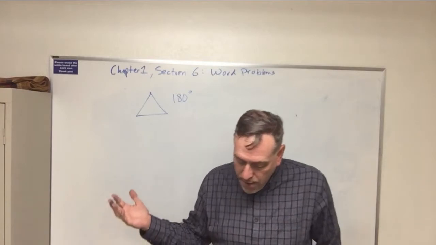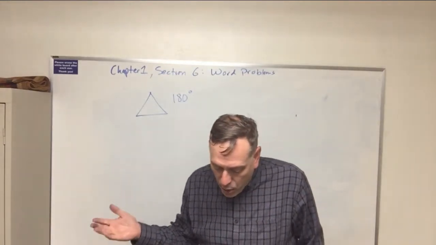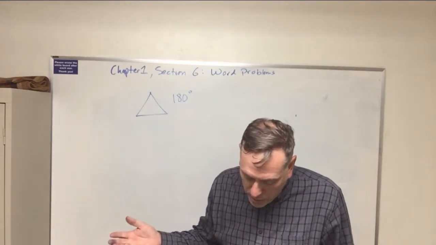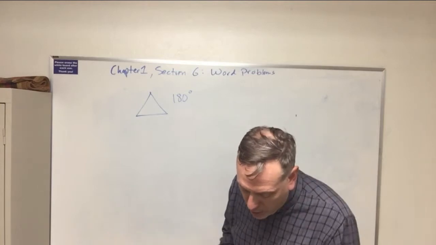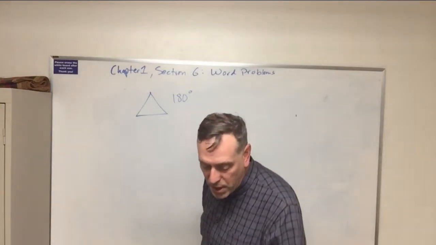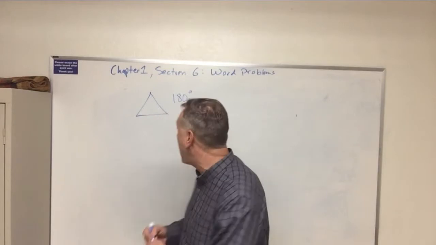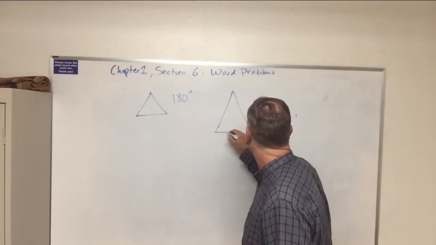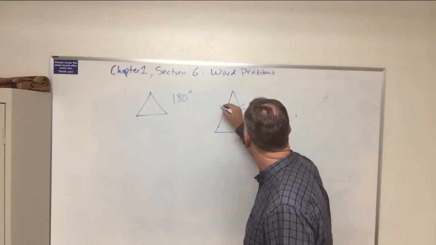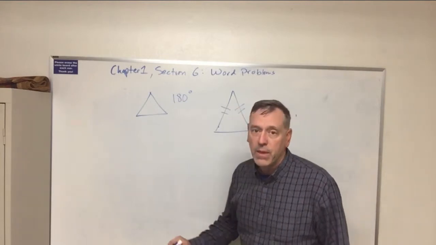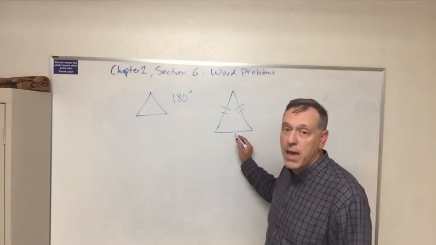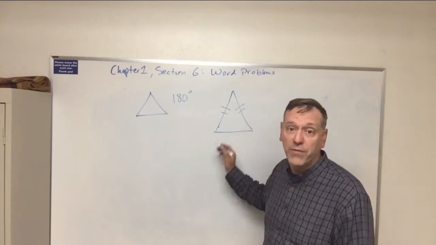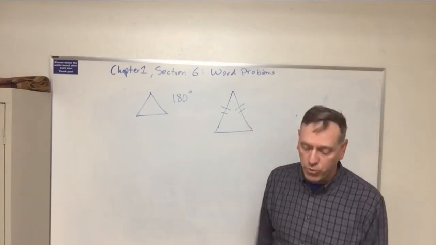We're told that the vertex angle of an isosceles triangle is 64 degrees. Now, isosceles triangle, you have to see the definition of that on page 65. An isosceles triangle is such that these two sides are the same, and this one may be different, or is often different. Otherwise, we'd have an equilateral triangle.